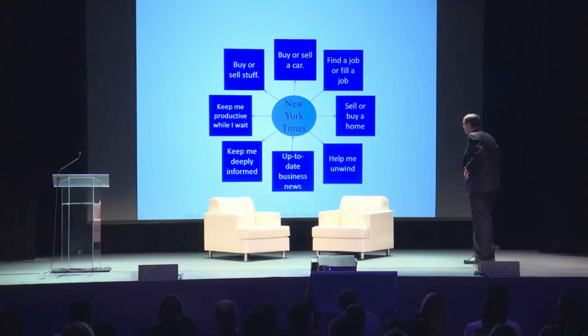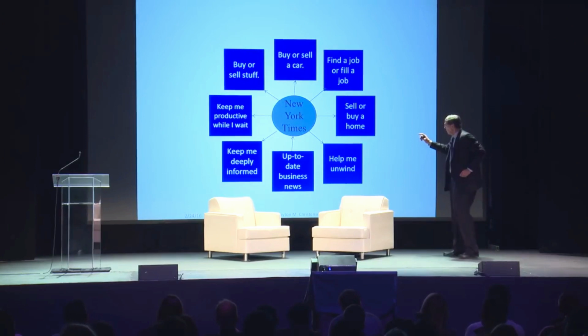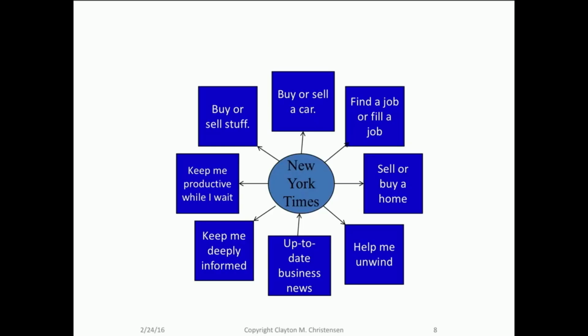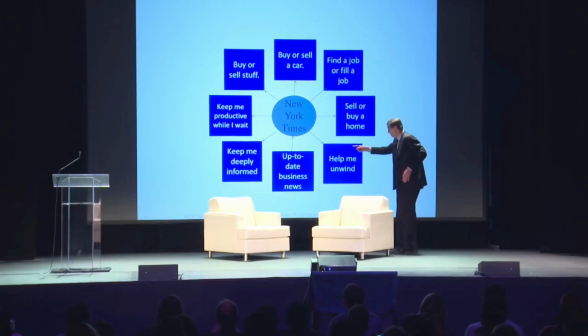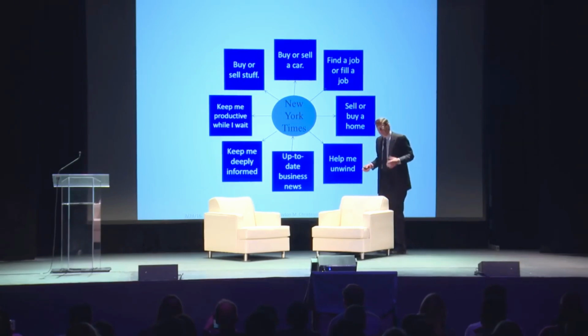And so very quickly, the New York Times had a section in it to do all of these things. I could have personal advertisements if I need to buy or sell stuff. If I need a job, I can do that. If I need to hire somebody to do a job, I could do that too. Help me be informed. That's what the New York Times used to be all about.